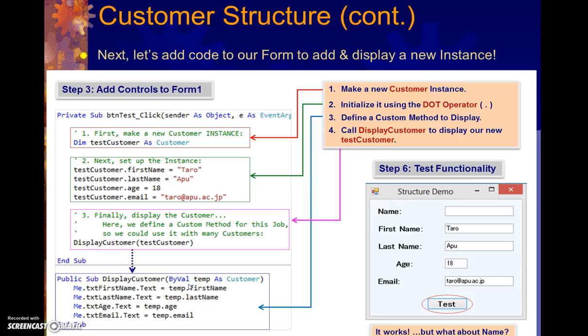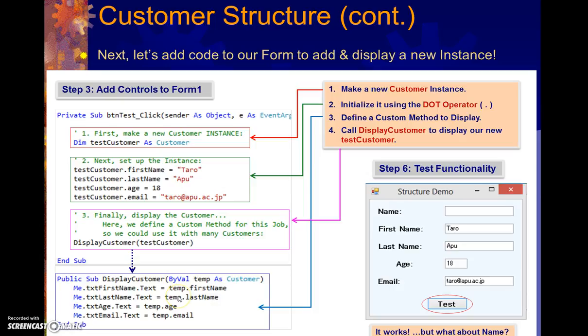Okay? So that's exactly what we're going to do right here. We're going to make it accept a customer data type, and then we're going to refer to that input by temp, and so we're going to access temp's first name here because it does have a first name.